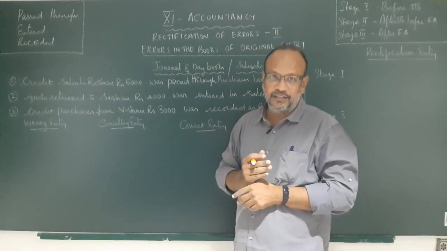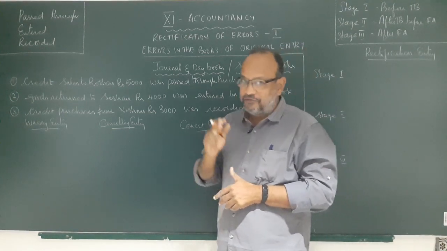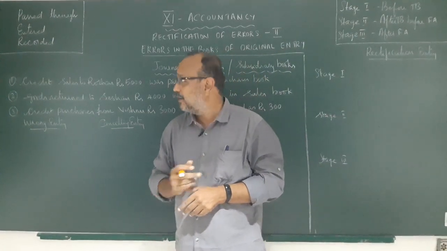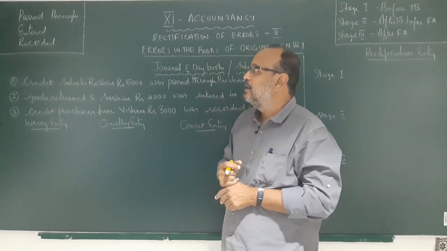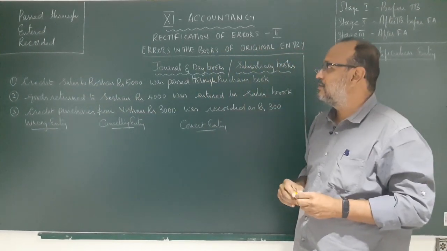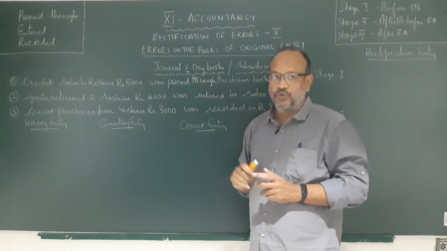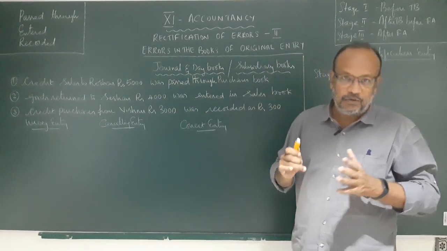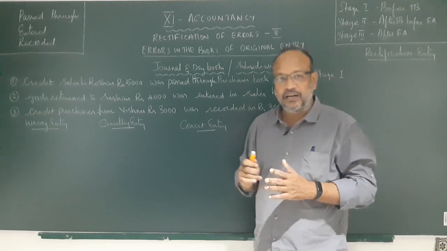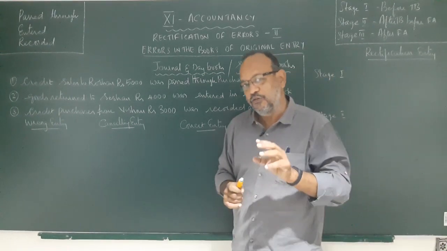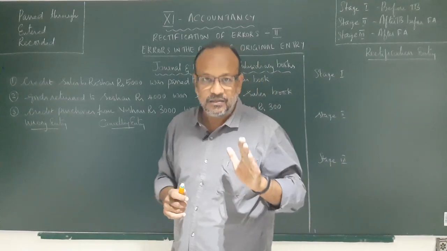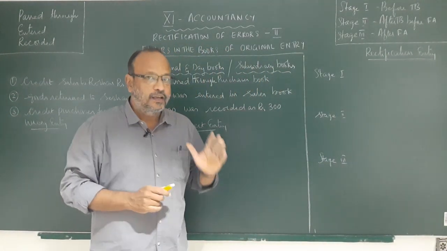Entry is made in the journal. The first record of the transaction is entered in the journal, isn't it? So, whenever a question says it was passed through, or it was entered, or it was recorded, we understand that the error has happened in the books of original entry or in the subsidiary books.